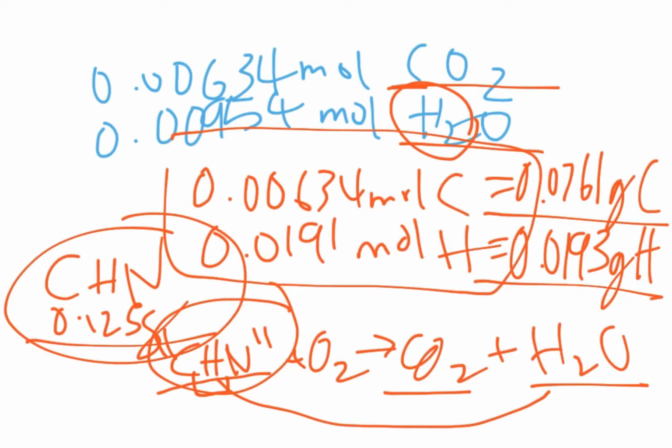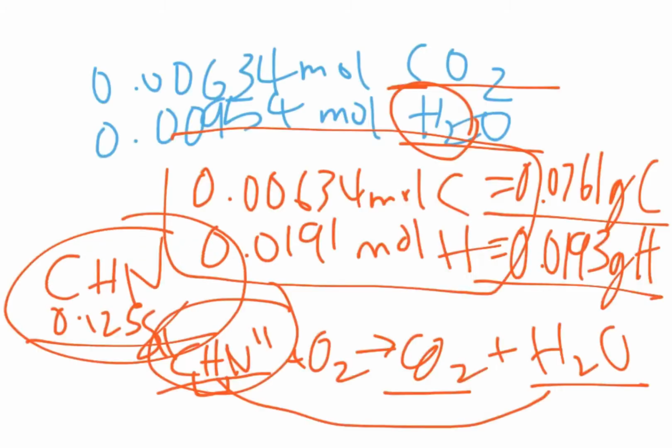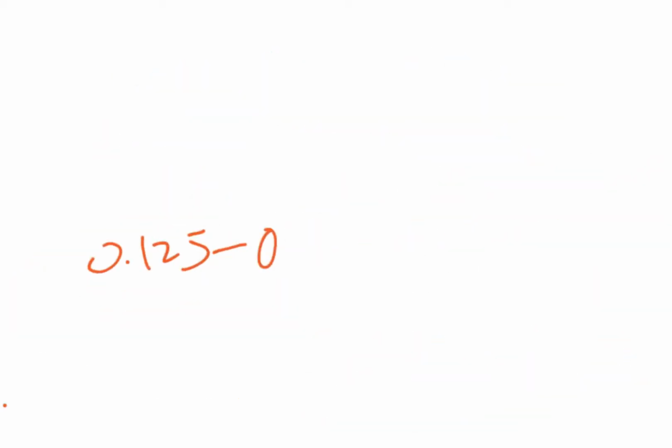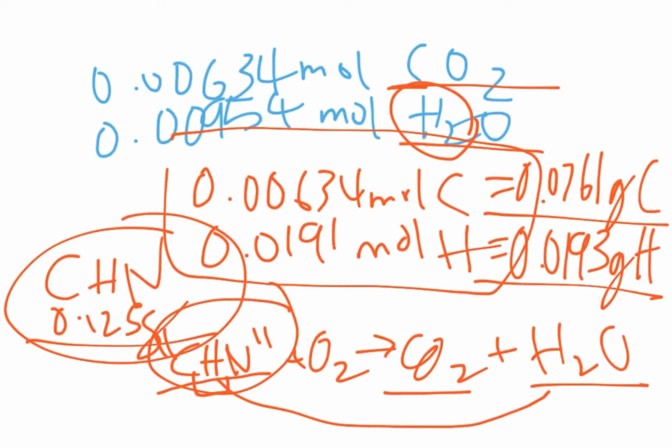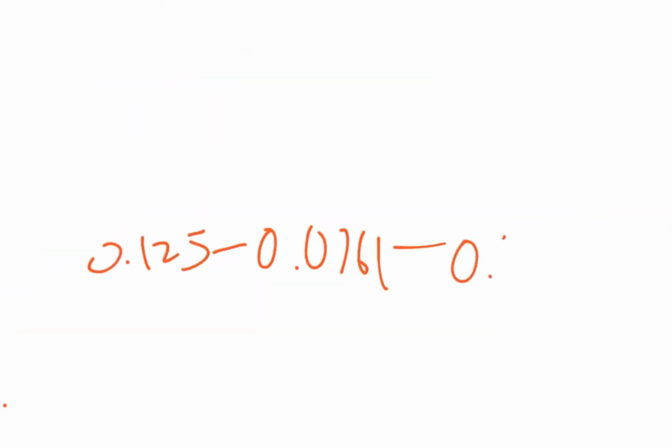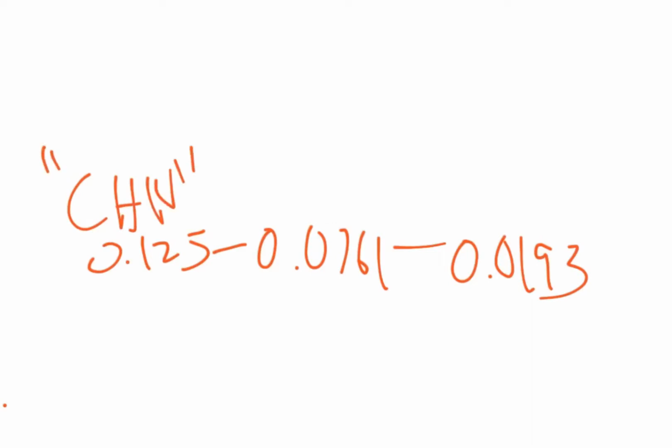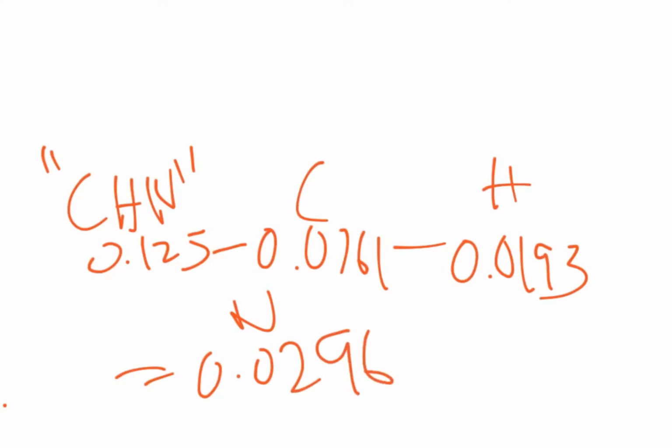So on a new slide, I will do that. 0.125 minus 0.0761 and 0.0193. Notice how this is C, H, and N, and this is C, and this is H, and we're left over with the N. So 0.125 minus 0.0761 minus 0.0193, and we get 0.0296.